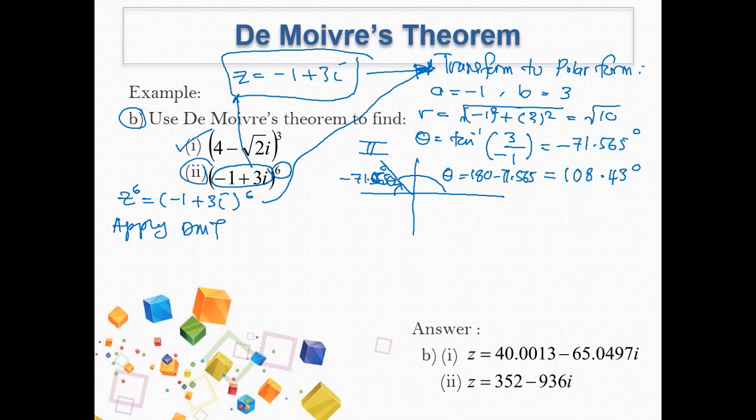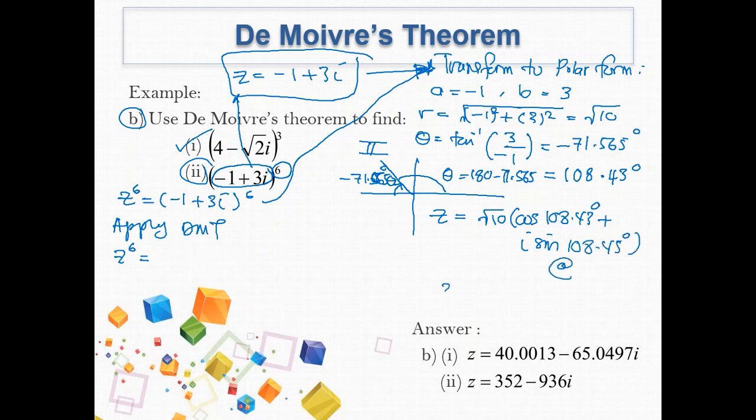Now we can apply our De Moivre theorem where z to the power of 6 is equivalent to r. First we write this. Our new z in polar form is square root of 10 cos 108.43 plus i sine 108.43.